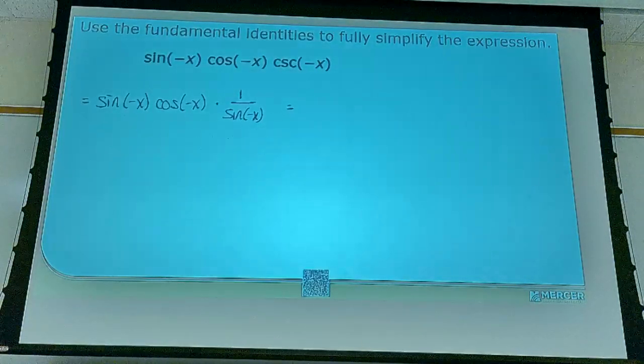Sine over sine, just 1, isn't it? We're left with cosine of negative x. That is not fully simplified. Cosine is even. Cosine of negative x is cosine of x. That would be fully simplified.